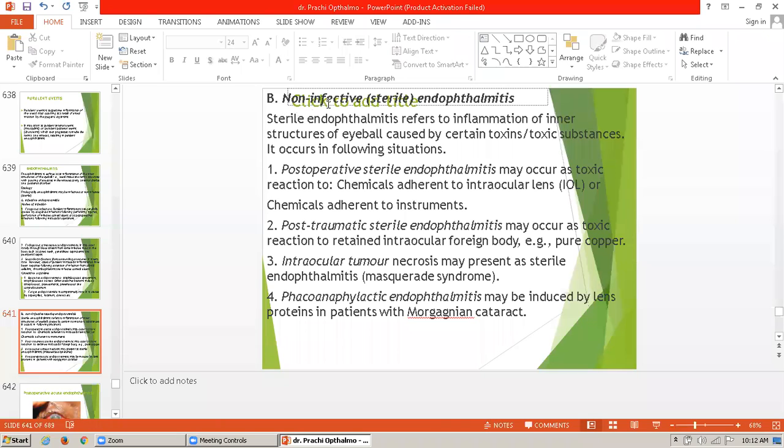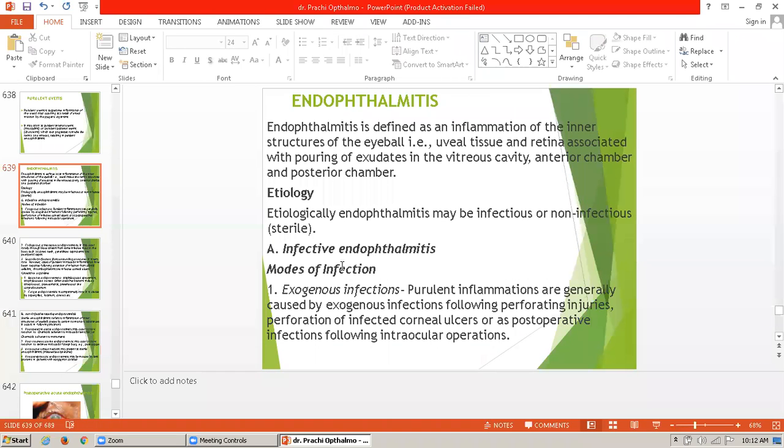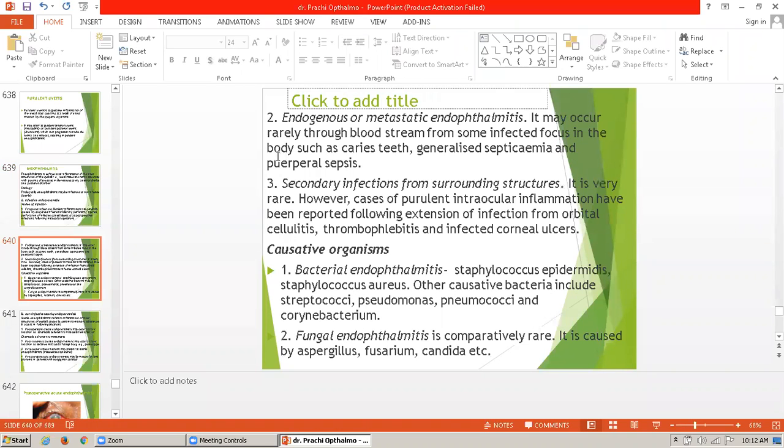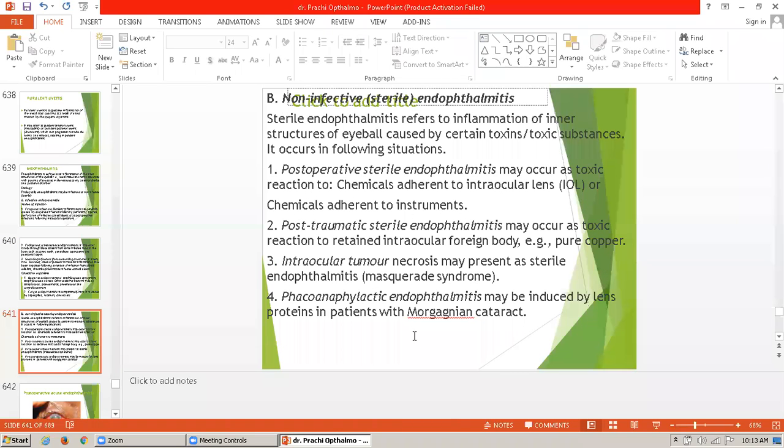Then B, that is non-infective sterile endophthalmitis. In A, infective endophthalmitis, we studied the mode of infection, that is exogenous infection, endogenous or metastatic endophthalmitis, secondary infection from surrounding structures, and the causative organisms, that is bacterial and fungal endophthalmitis.